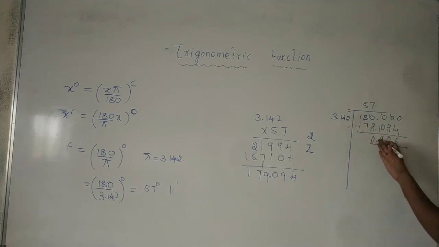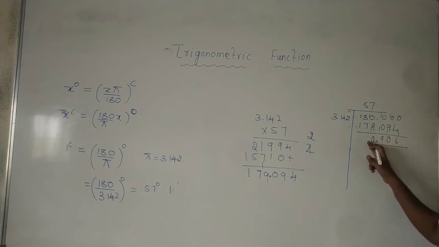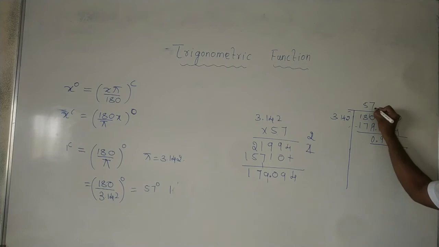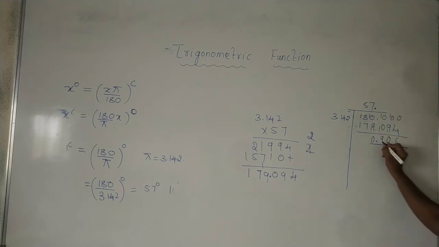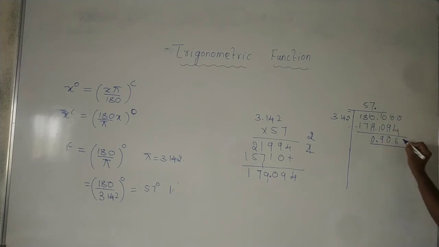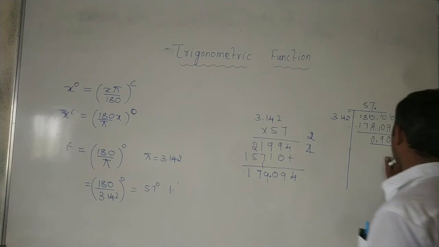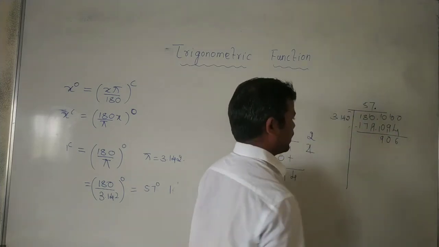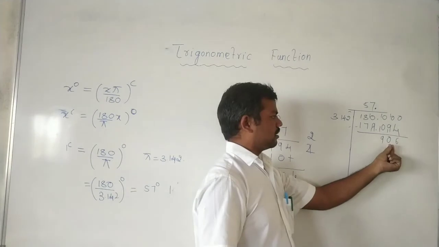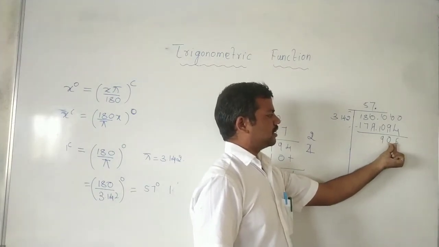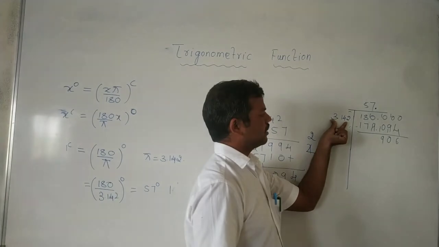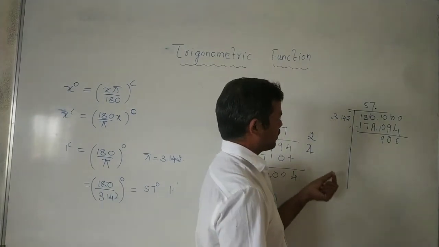It is a decimal, so it is converted into the remainder. When you divide, a point comes, so we have to take 906 into something. If you divide it perfectly, leave that decimal, so you get 906.